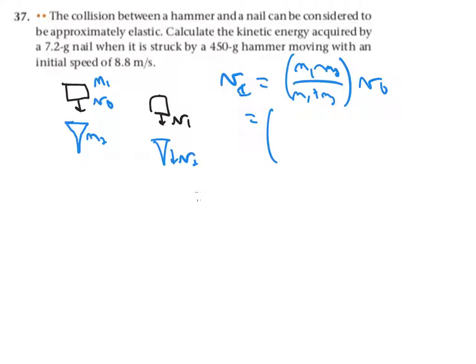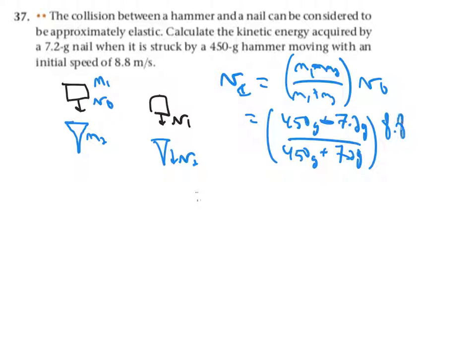And from the problem we have that it is a 450 gram hammer hitting a 7.2 gram nail, and then we have 450 gram plus the 7.2 on the bottom, times 8.8 meters per second. And this turns out to be 8.52 meters per second. I'm going to carry an extra sig fig until the very end.